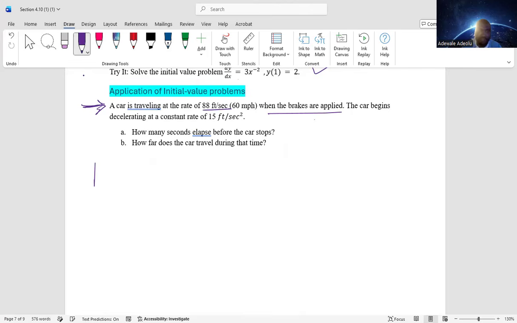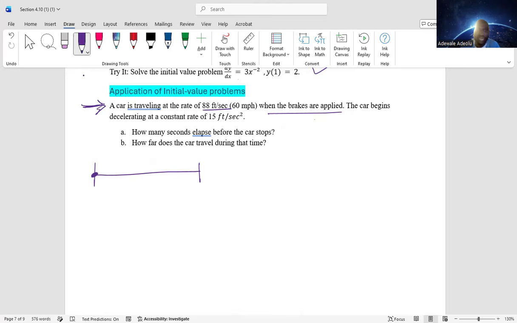So I want to account for the point where it applies brake, here. The car begins decelerating. So that journey of deceleration is what I want to account for. From that point where it starts to decelerate, let's see what happens.